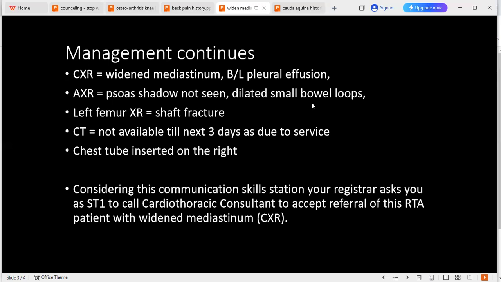So I think this patient has great vessel injury or aortic injury, which causes this widened mediastinum, so we need to treat this first. What does this indicate? This indicates either great vessel injury, aortic dissection, traumatic aortic dissection, or cardiac tamponade.